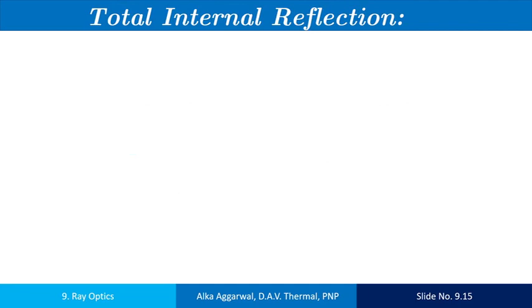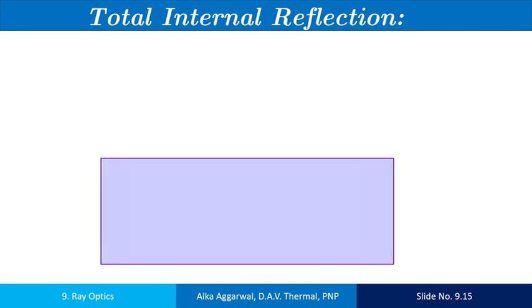Now the next topic is total internal reflection. Let O be an object lying in a denser medium, and rays are going out from this object. As this ray is incident normally, it goes undeviated.